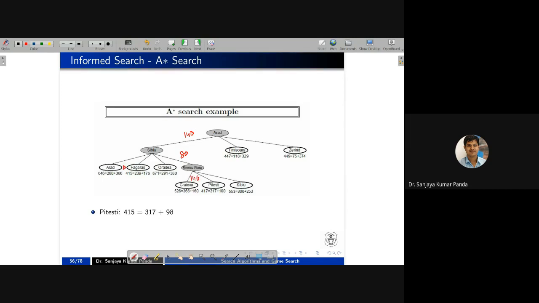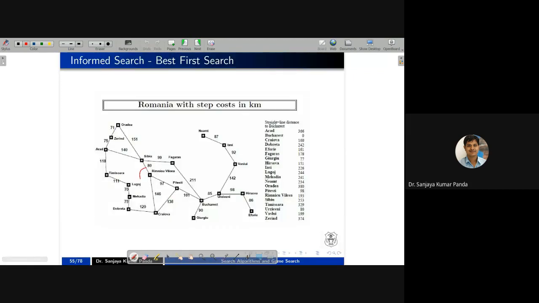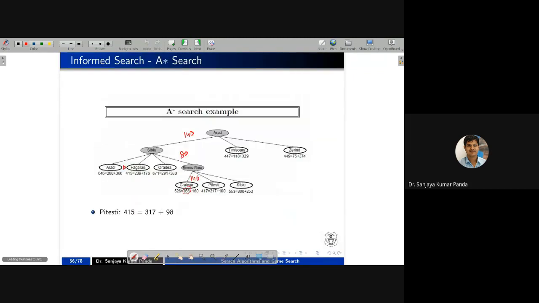So you sum these values: 140 plus 80 gives 220, and 220 plus 146 gives 366. Similarly, you have to calculate 140 plus 80 for R to P. R to P, what is the cost? It is 97. If you add, you will get the value 417.